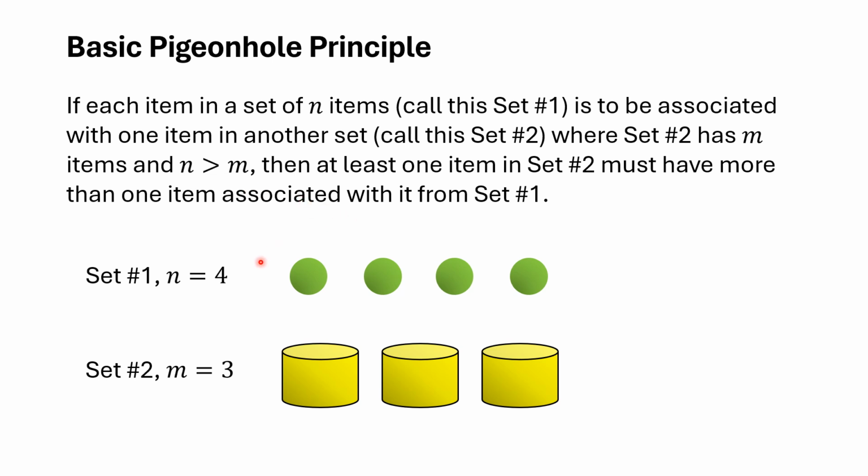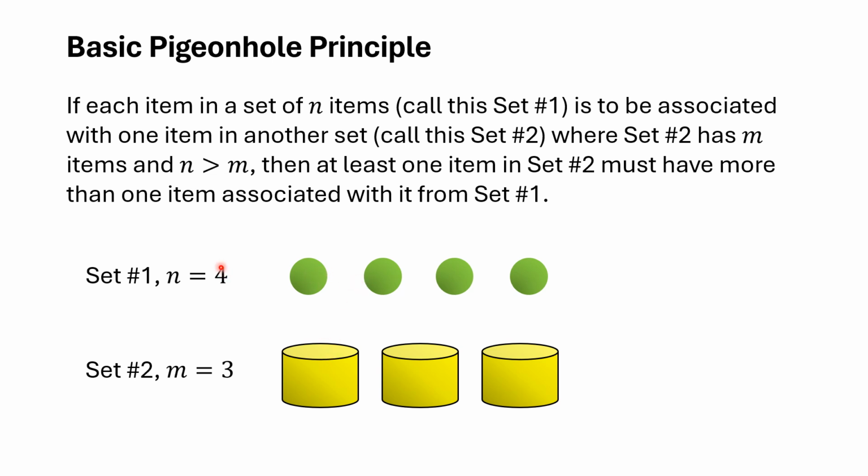So let's look at an example to maybe make this a little bit more concrete. So let's say set 1 has 4 elements, and they're balls, green balls, let's say. And then set 2 has 3 items, and they're containers. So we want to associate each ball with exactly one container, which is done by just putting the ball in the container.